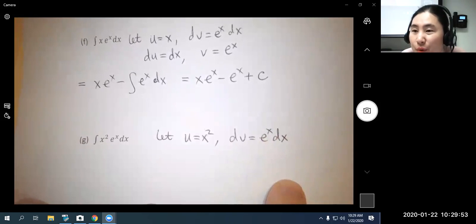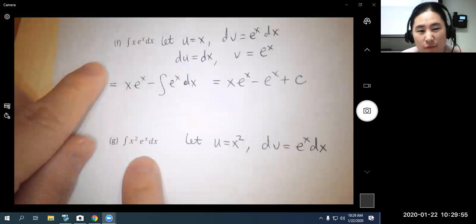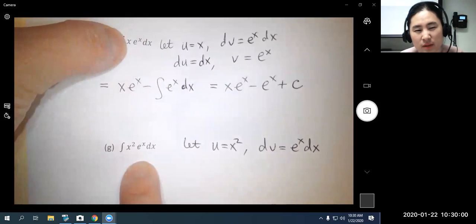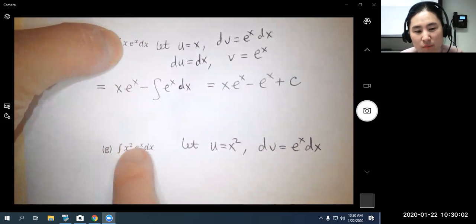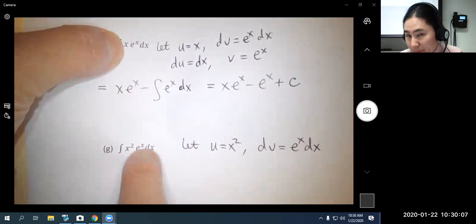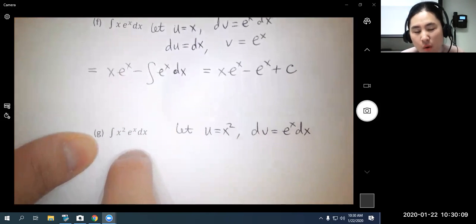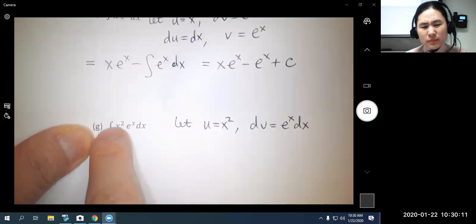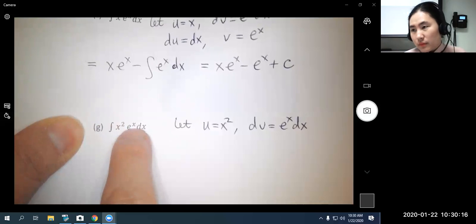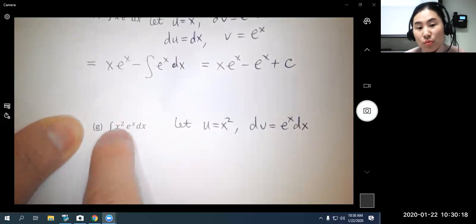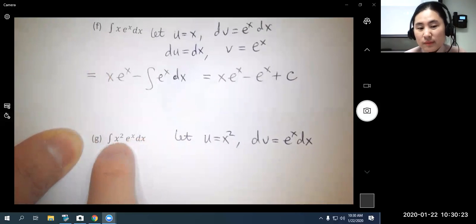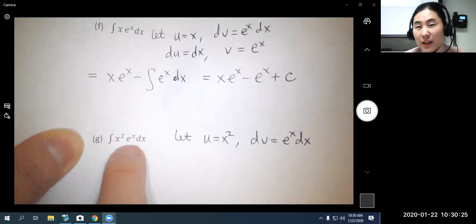Now, my question for you is, when we are involving a polynomial, like a monomial, just one term, times an exponential function, most of the time, or if I give you another problem, compute the integral of x to the cube times e to the x, which function do you want to choose to be our u for most cases of this type of question? Can you guess?